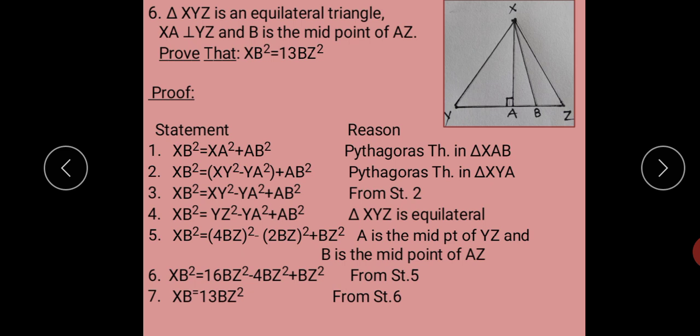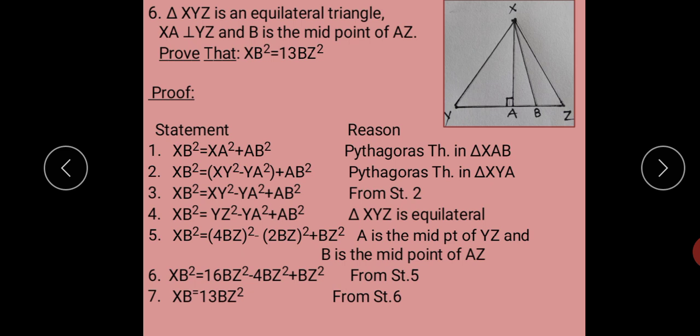So only you should express YZ, YA, AB in terms of BZ. That is, the fifth step is the only difficult step. Rest, if you see, everything is just Pythagoras theorem and we have used the equilateral triangle property that sides are equal.